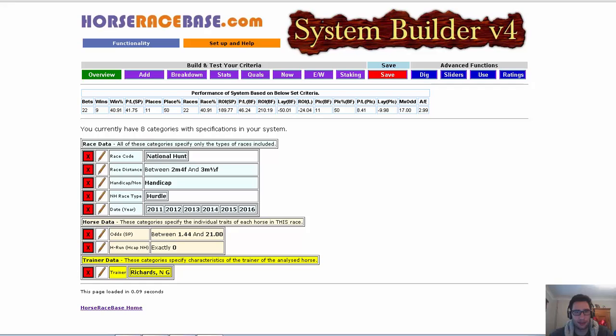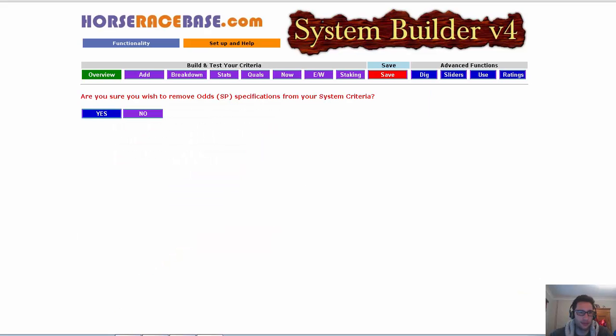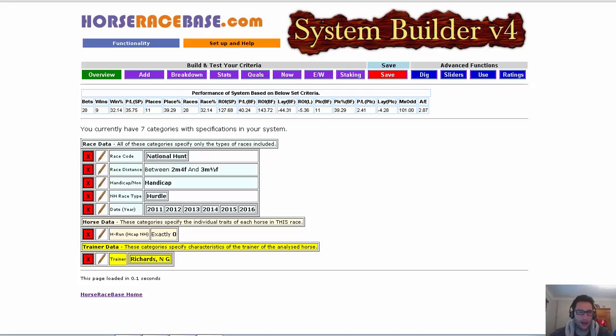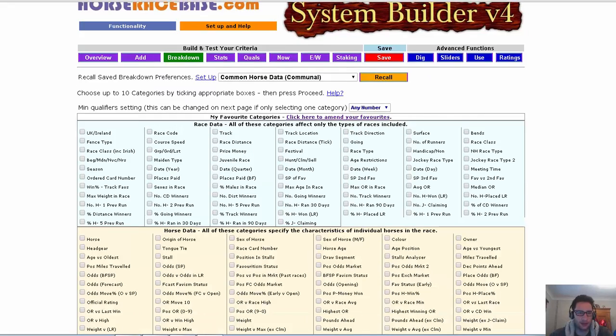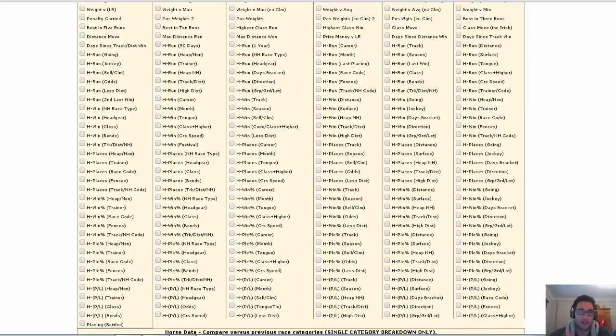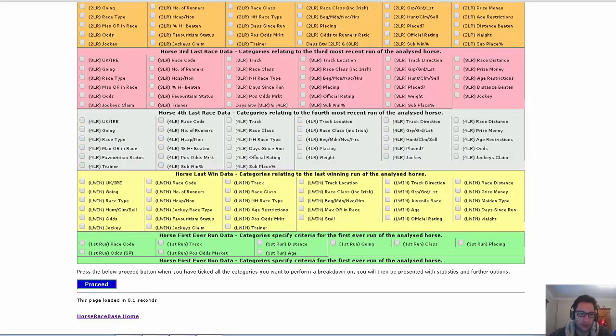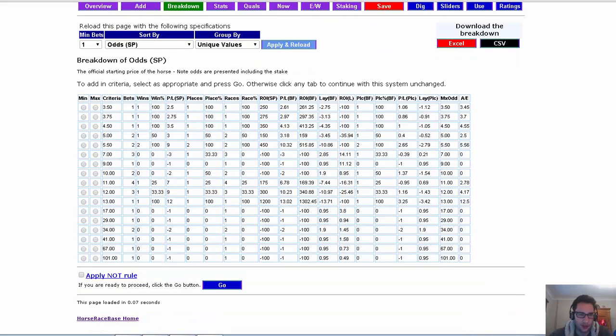All these handicap hurdlers in general, but especially those going off at 20 furlongs, 2 miles, 4 furlongs, or further. If I just remove the odds cap, to dig back out, we saw there were 3 places on the original set of horses that were big prices. It'll be interesting to see if there's any here. No, not really.